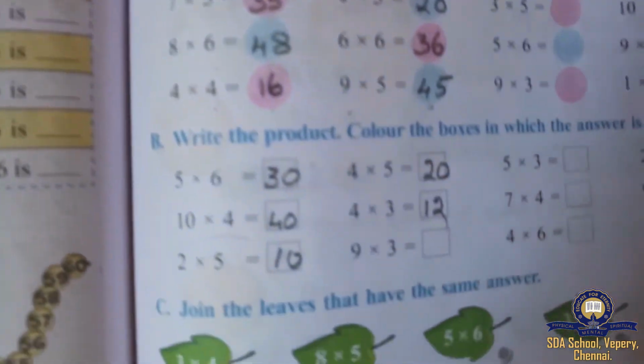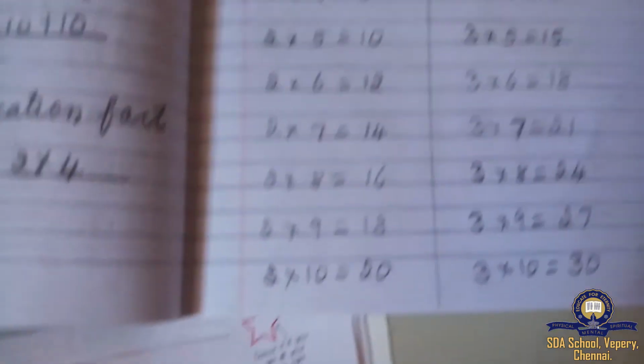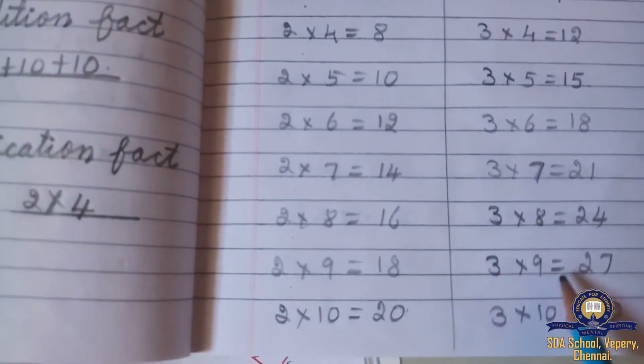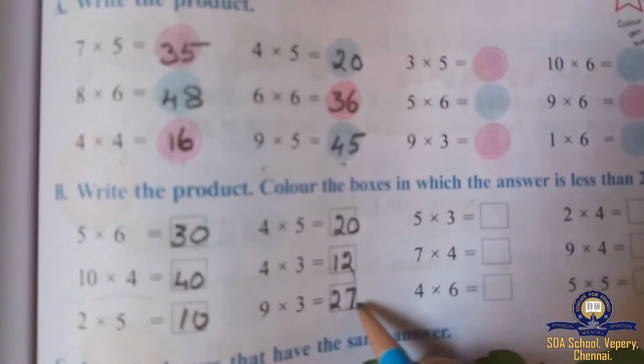4 threes are 12. 9 threes are, that means 3 nines or 9 threes, 27.